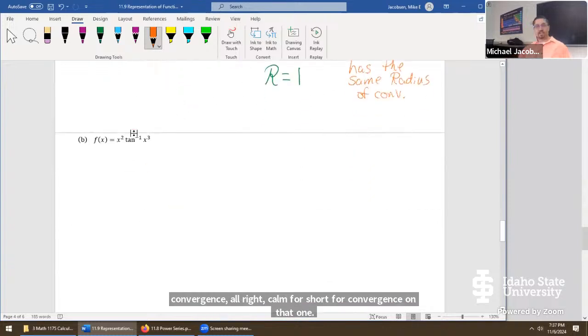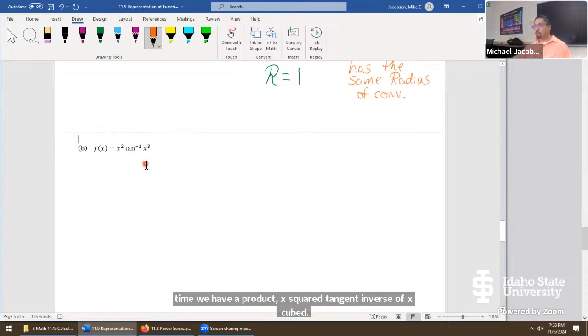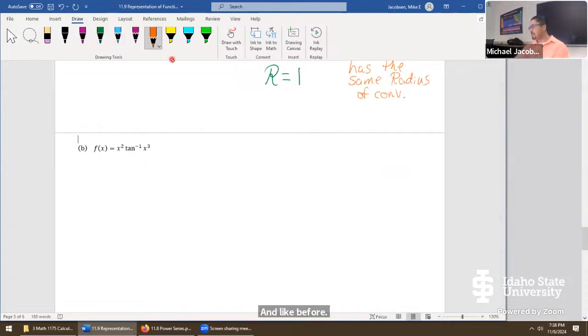So let's try this out all over again. This time we have a product, x squared tangent inverse of x cubed. And like before, we might try differentiation to make that work, because we do know, for example, that tangent inverse of x prime is 1 over 1 plus x squared.